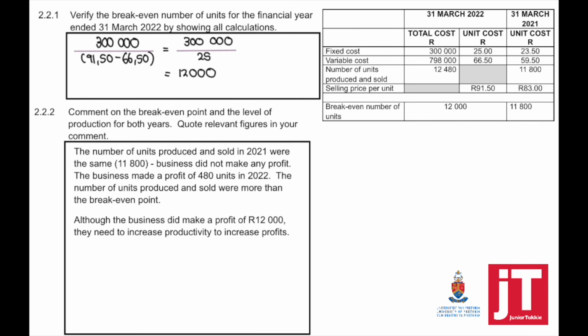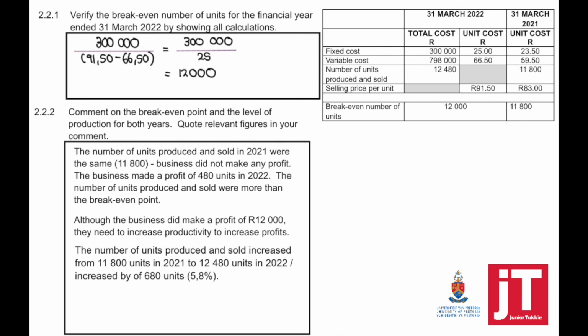If we want to find out, but what was that profit equal to? To find that out, you have to take 480 times the contribution per unit, which is 25. So 480 times 25 means that the business made a profit of 12,000.